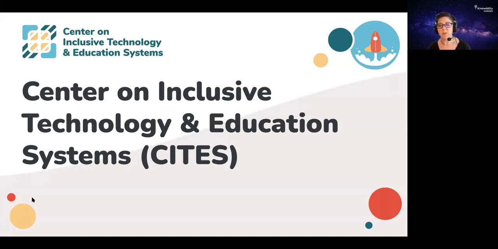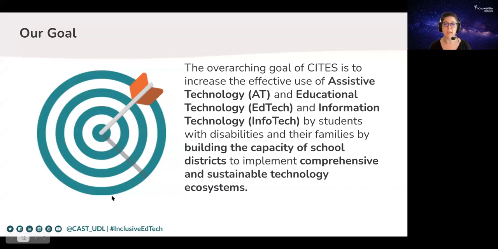This is a program that's coming out of CAST, and we wanted to talk about them because it is a great resource if you are interested in this world and journey of inclusive tech, where you're looking at combining assistive technology, educational technology, and informational technology, making sure that all of those things are being used effectively by the students and their families, because we want to build that school capacity, that district capacity to build those sustainable ecosystems. So that's really the big goal of the CITES program.